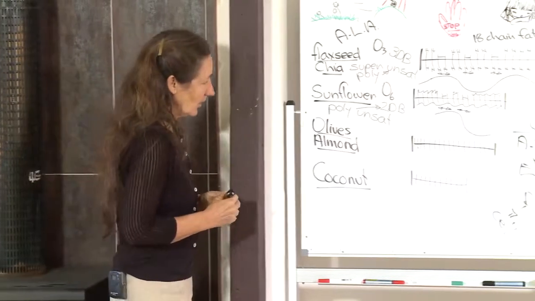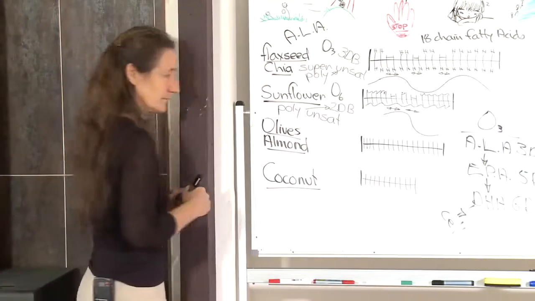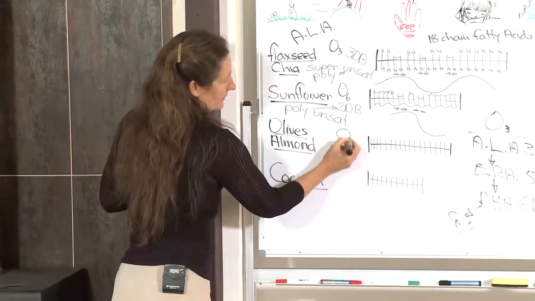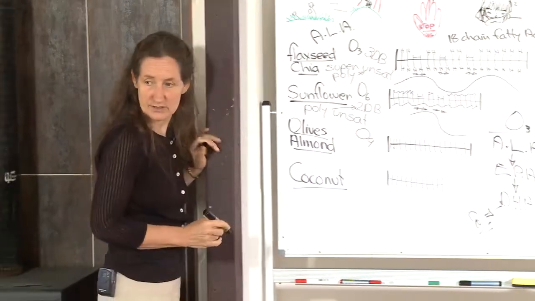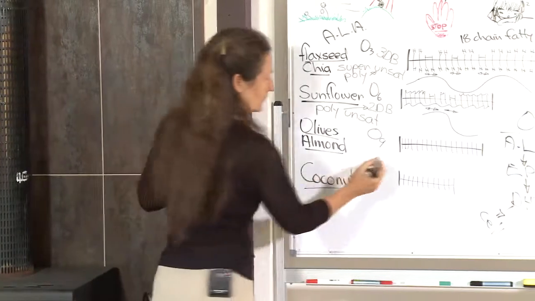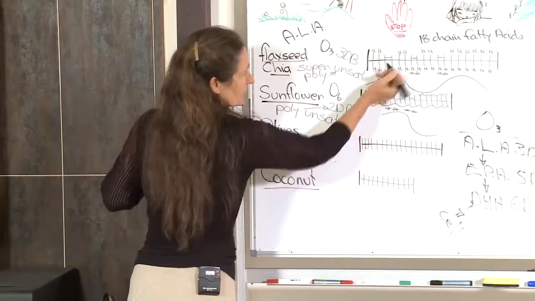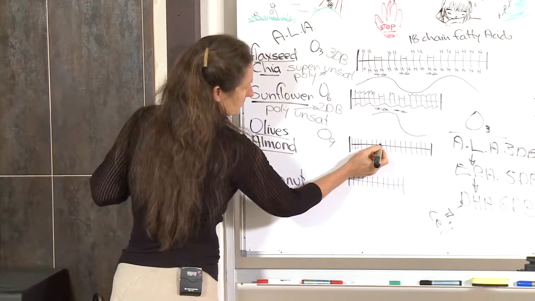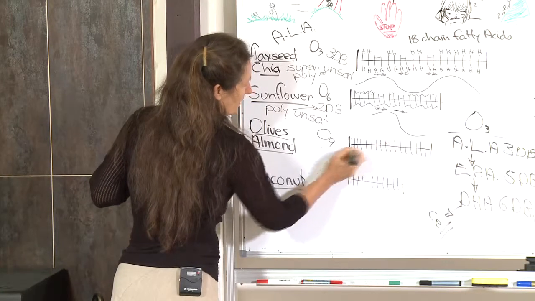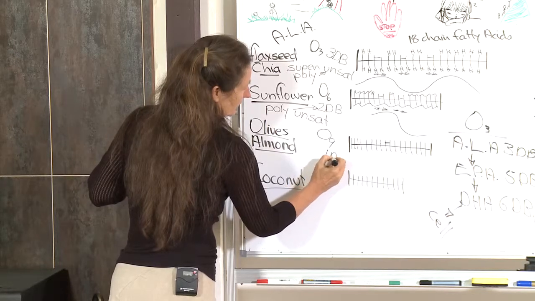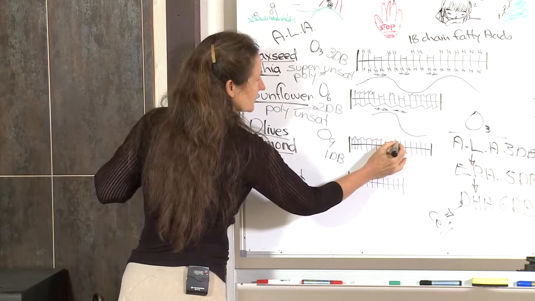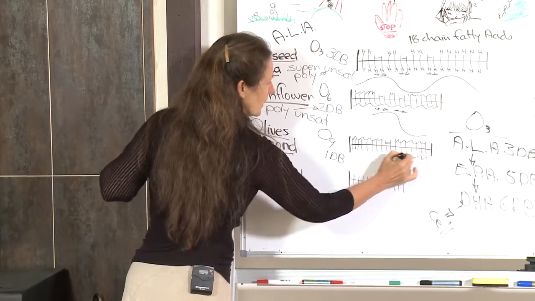What about olive oil and almond oil? It's high in omega-9, 9 indicating the position on the fatty acid chain of the first double bond. These 3 are all 18-chain fatty acids. So 1, 2, 3, 4, 5, 6, 7, 8, 9. There's the double bond there. There's only 1 double bond in olive oil and almond oil. So you've got hydrogen atoms along here, hydrogen along here.